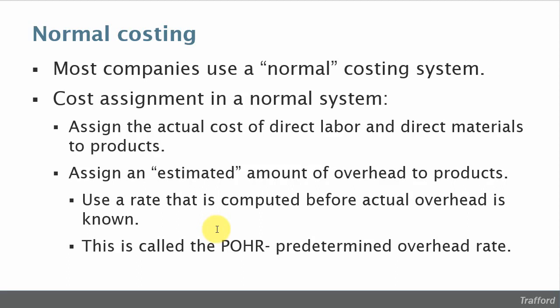With a normal costing system, they assign the actual cost of direct labor and direct materials, but as far as manufacturing overhead goes, they instead assign an estimated amount of overhead to their products. They do this by computing an overhead rate at the beginning of the accounting period, and this overhead rate is called the predetermined overhead rate.